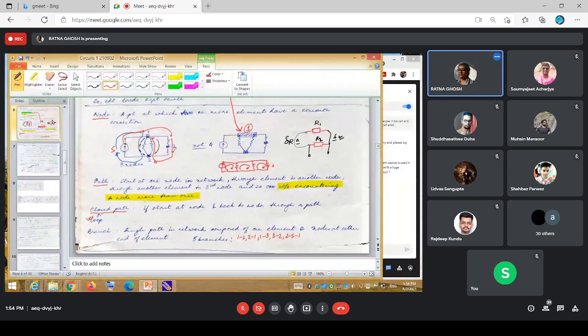So it's just as laid out. You would normally not have this as a mesh. That would be a super mesh. Do you get it? Although this would still be a loop. What I was drawing was this one. This one would be a loop, but it would not qualify as a mesh.